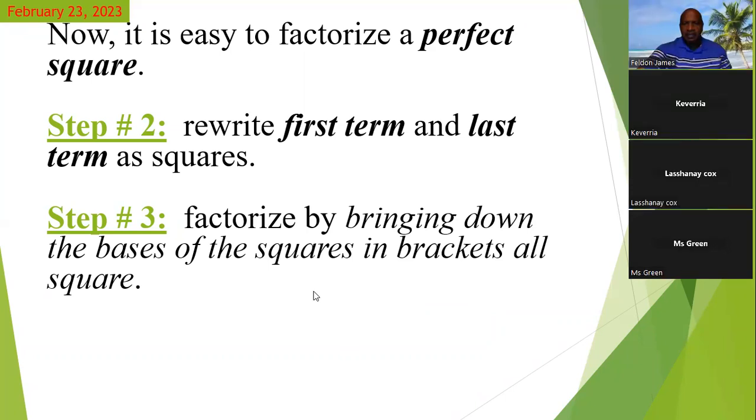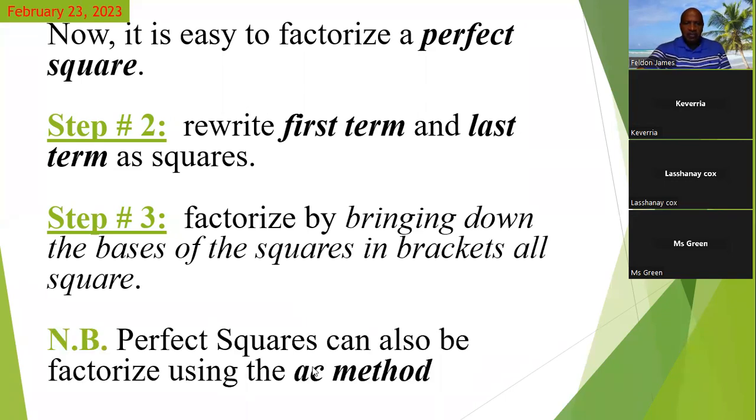So the first and last term without the power are the bases. Once we identify our perfect square, we bring down those bases in brackets, keep the sign of the middle term, and put the square outside. That is the process of factorizing perfect squares.